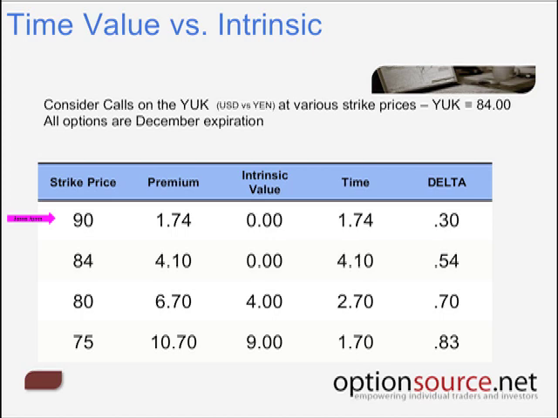So if we take a look at a couple of different considerations here, and again, these are call options on the YUK, we can see that an out-of-the-money option contract, so there's your 90-strike call option, which is about $6 out of the money, has an asking price of $1.74, which is reflecting 0 intrinsic value, a time value of 1.74. So, of course, because there's no intrinsic value, the value of that option contract is all time, and a delta of around 0.30.